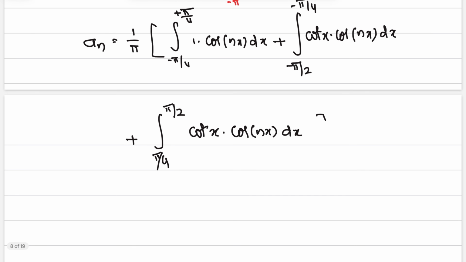You just see, here also the principle of odd function applies.